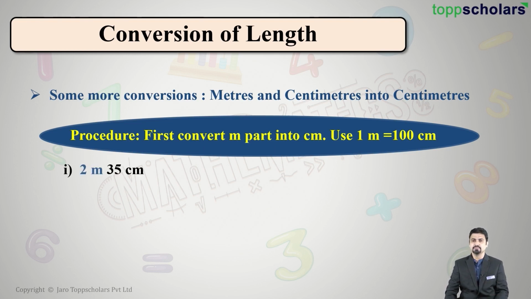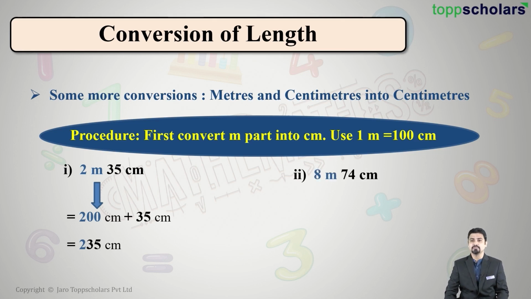Let's take one example, that is, we have to convert 2 meter 35 centimeter into completely centimeters. First, we consider the 2 meter part. So, 2 meter is equal to 200 centimeter. We have just seen that. What remains? What remains is 35 centimeter. Add to 200, you get 235 centimeter.